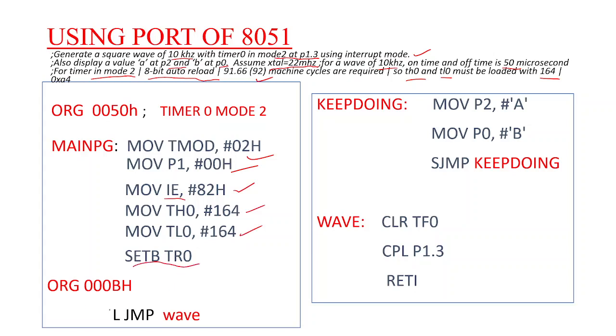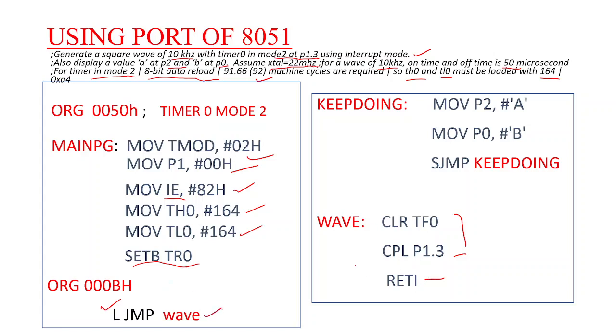After that we'll go for the waveform coding, LJMP wave, where the code is written here: clear TF, and then send that to the output port. P1.3, the interrupt enable, will be executed, then return from the interrupt. Where did the interrupt occur? We got it here.